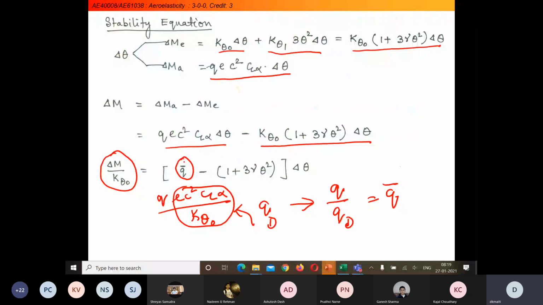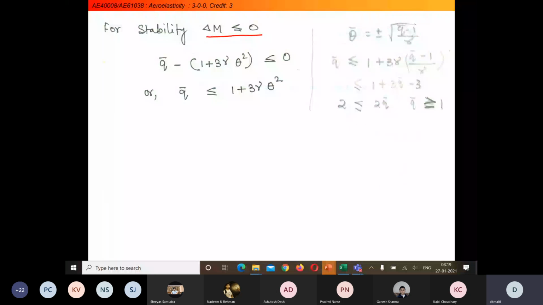So this shows that our q bar will be coming as less than or equal to 1 plus 3 gamma theta square. As it is a nonlinear term, a cubic nonlinearity we are considering, that's why we are getting a value which will be higher than the linear divergence speed in this dynamic system.